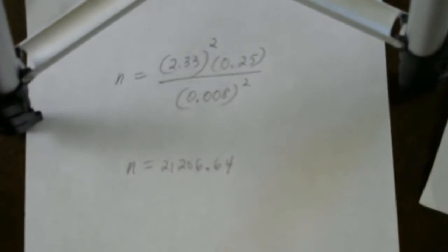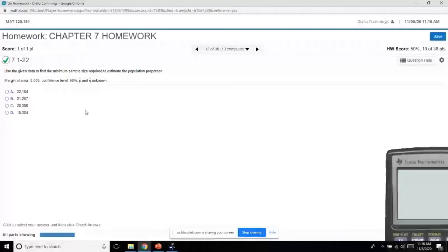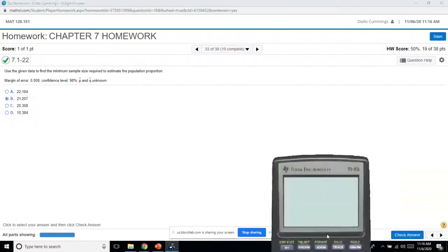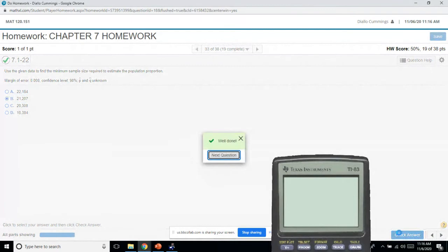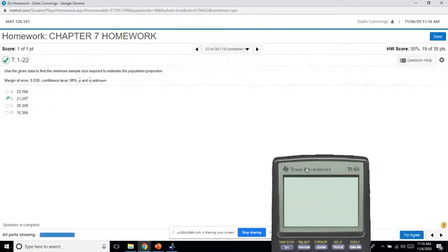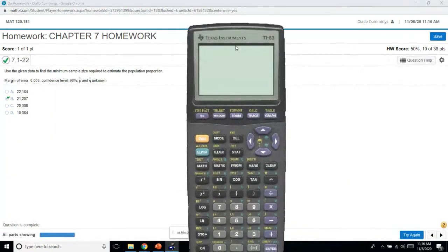If I go back to our problem, we want to round to the nearest whole number, so we would have 21,207. Again, I'll perform that calculation on this calculator.